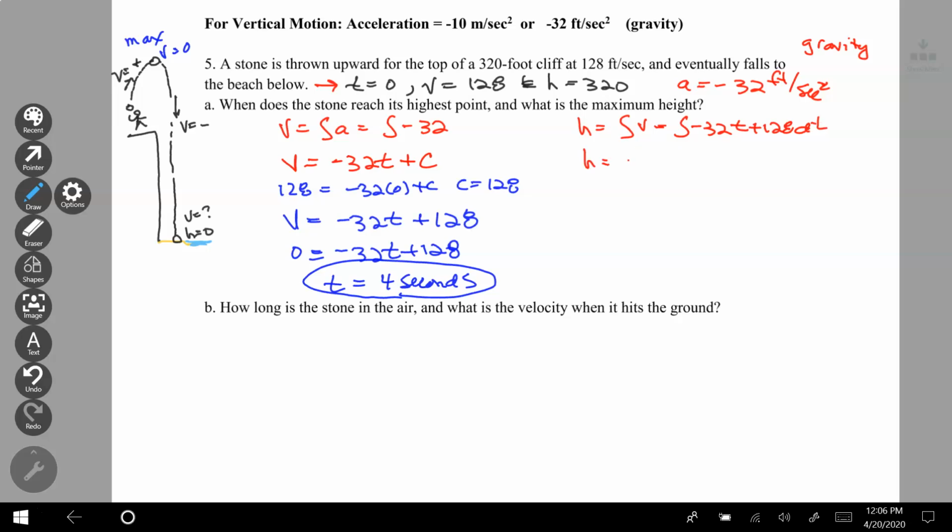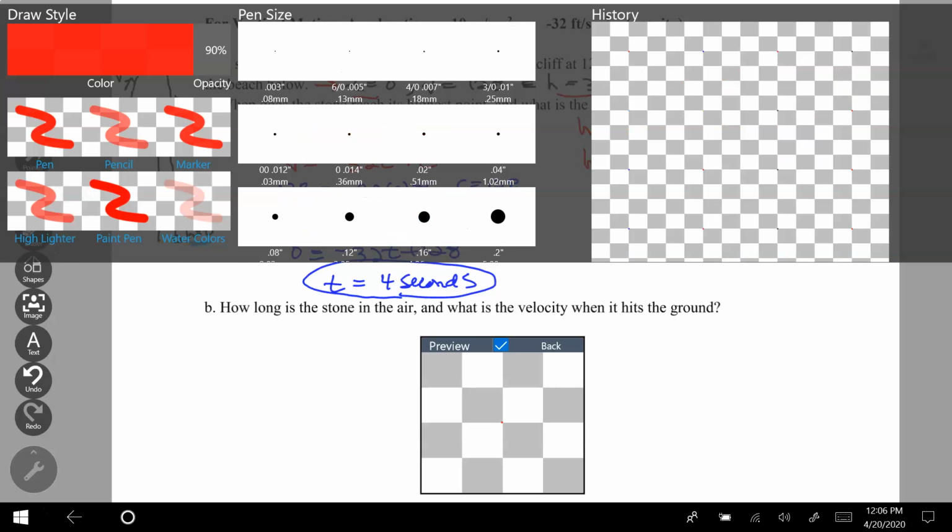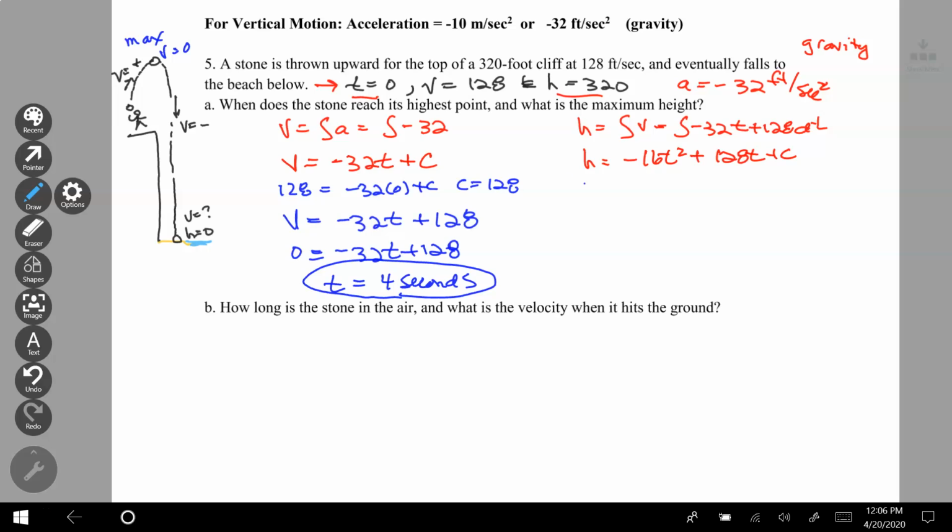My height equation is negative 16t squared plus 128t plus c. But again, I know my initial condition that when t equals 0, my height is 320. So I could just go ahead and plug in 320. Oops.